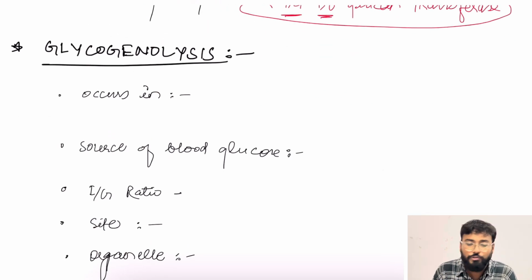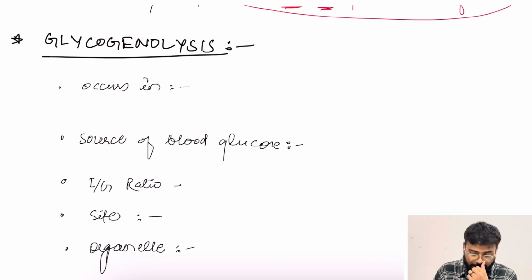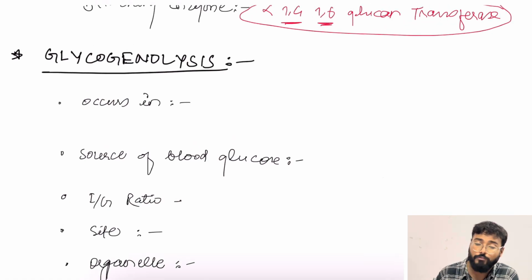Now what is glycogenolysis? As the name suggests, it is the breakdown of glycogen to form glucose in the case of the liver, and in the case of muscle the end product is not glucose. Instead, it forms lactic acid by entering the process of glycolysis. When does it occur?